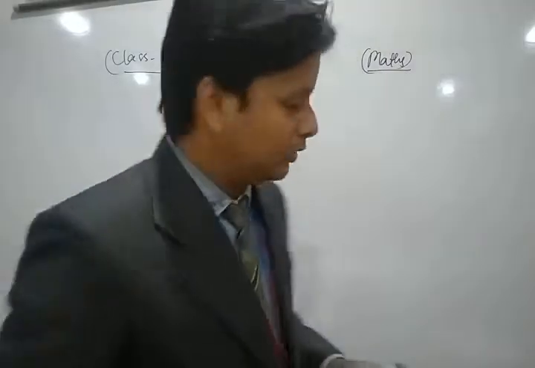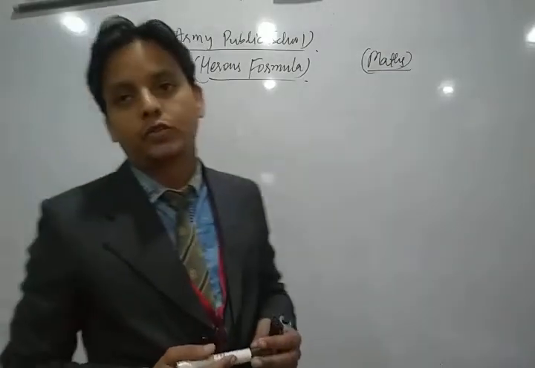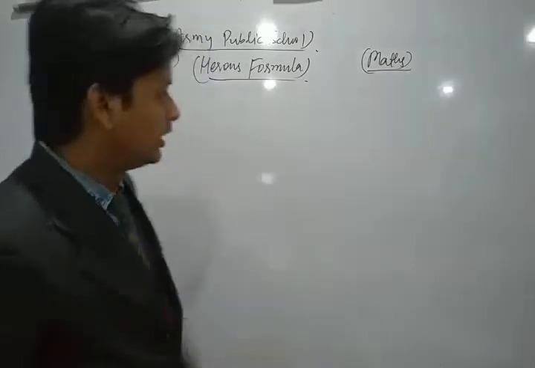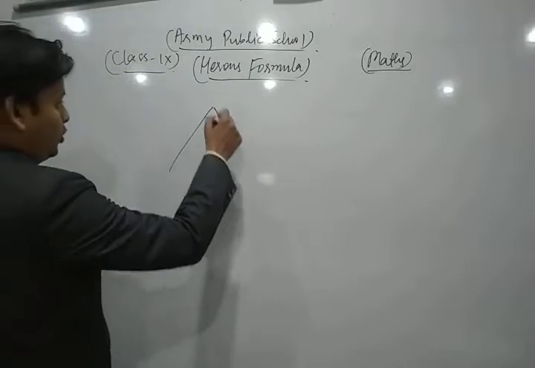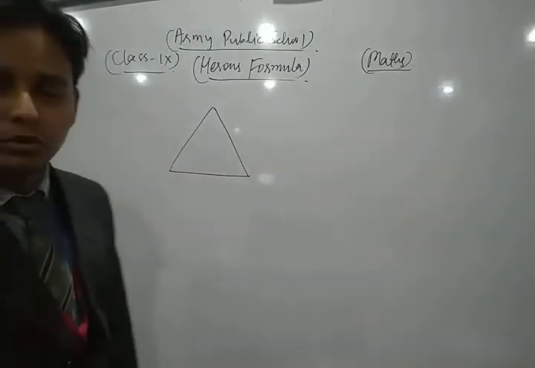Okay. So first of all, what is the use of Heron's formula? You should know that we find the area of a triangle when all three sides are given by using Heron's formula.